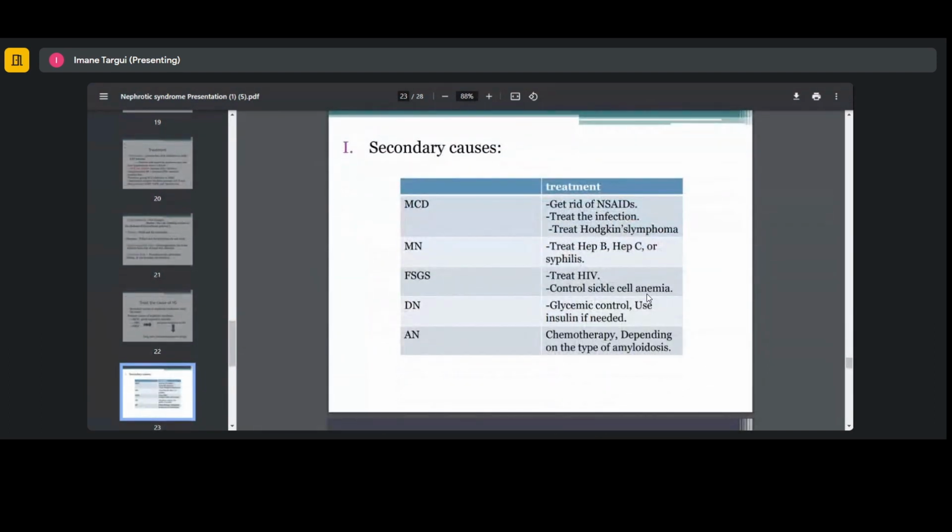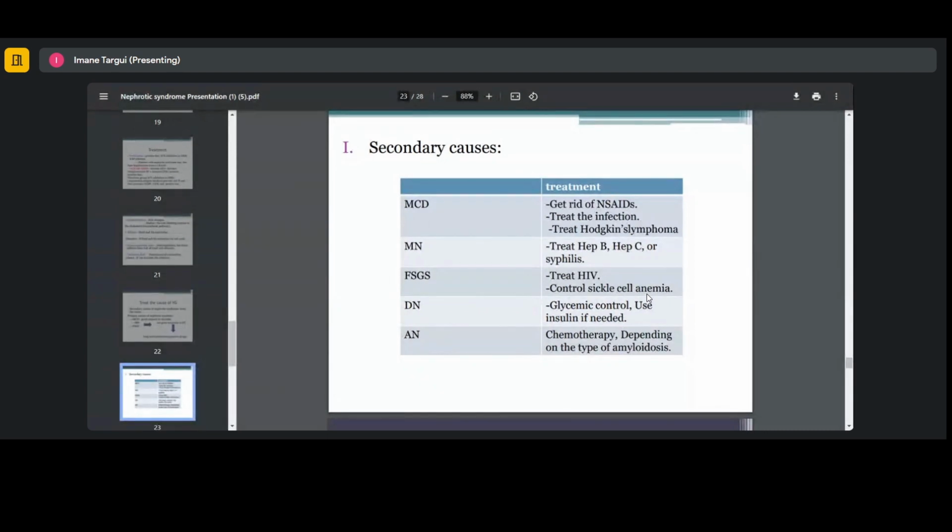For secondary causes, the treatment is to get rid of non-steroidal anti-inflammatory drugs, treat the infection, treat Hodgkin lymphoma. And for MN, treat hepatitis B, hepatitis C, or syphilis.